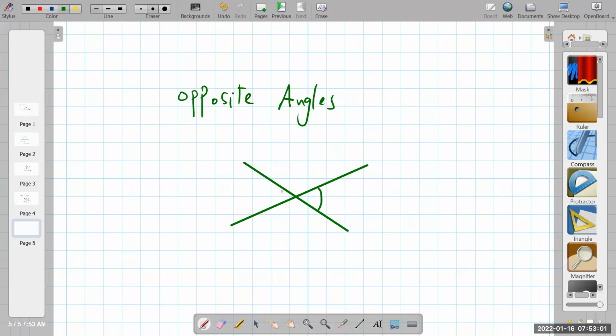This is opposite to this, and this angle is opposite to this angle. These are the opposite angles. So if A and B are the opposite angles, then A and B are equal. Here, if this is C and D, C and D are opposite angles, so C and D are equal here.